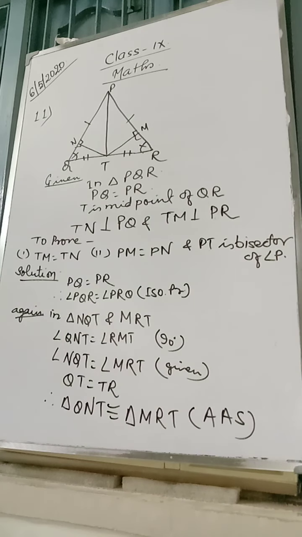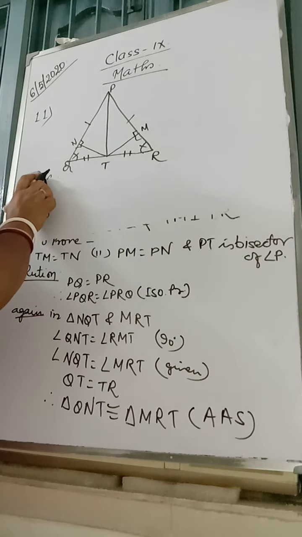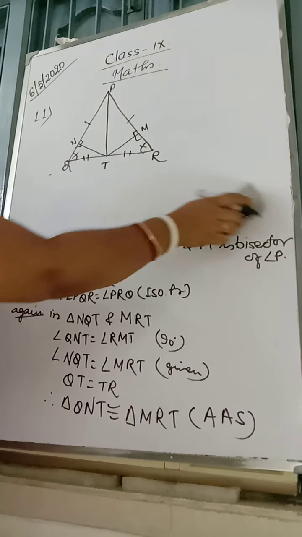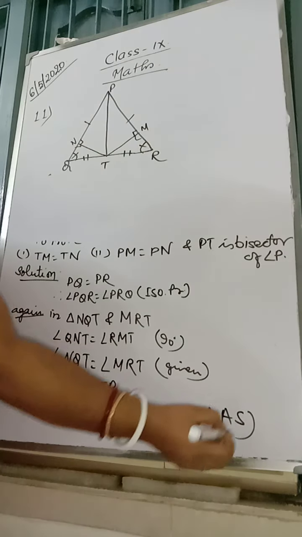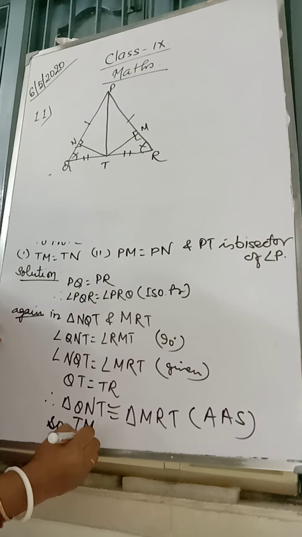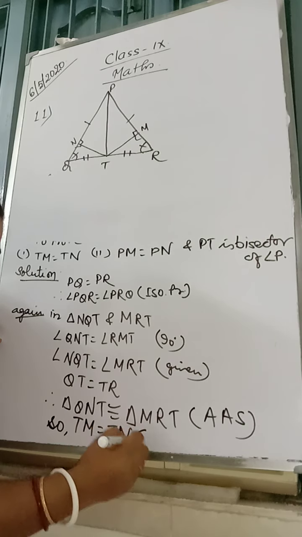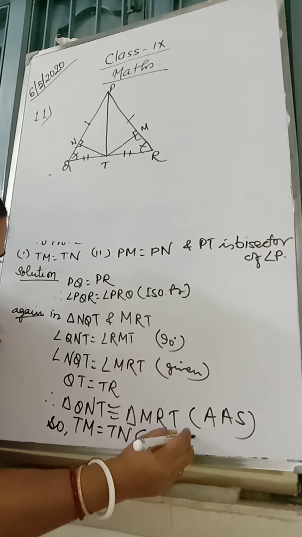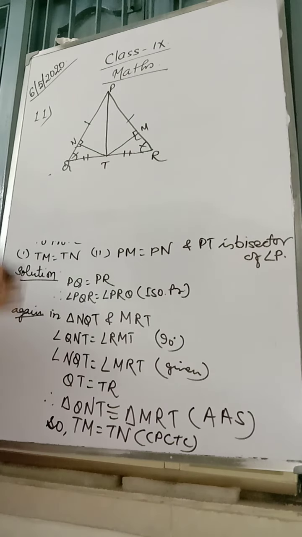Once they are congruent, we can write TM is equal to TN, CPCTC. This is number 1 we proved.